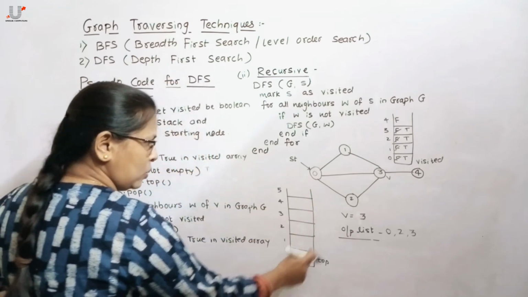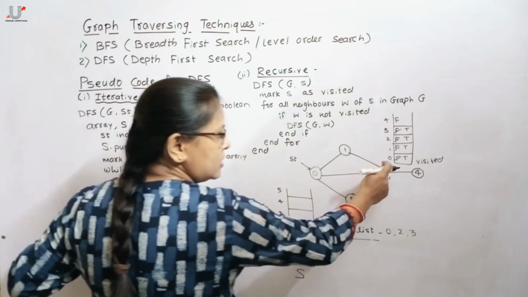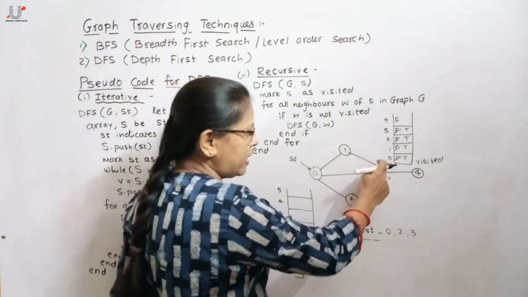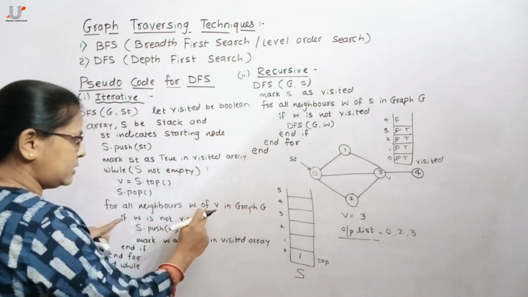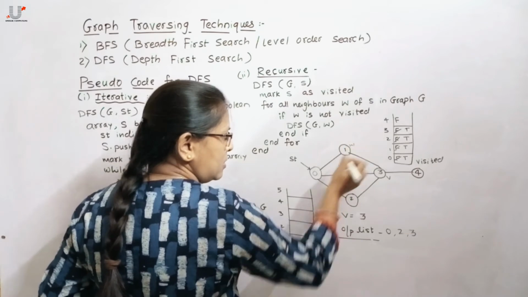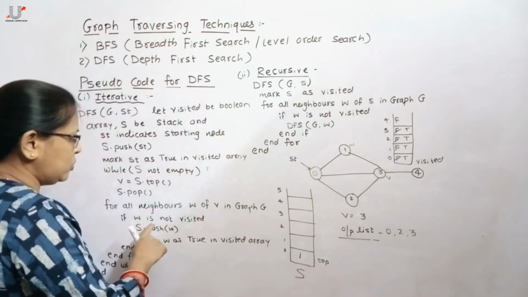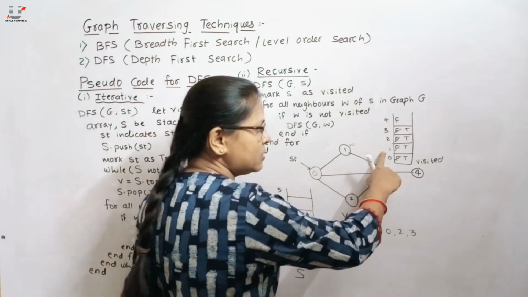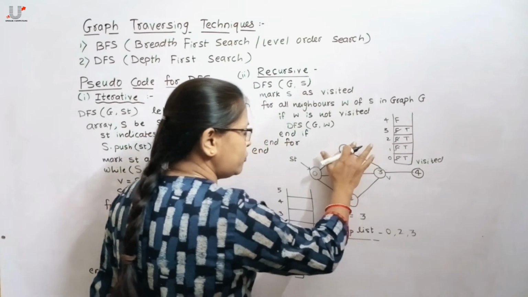But check whether 0 is not visited, by checking the status in the visited array. As that 0 has already been processed, leave it. Then the next neighbor of this v is 1. Check if w is not visited, but as that 1 has already been visited, its status is true, so leave it.